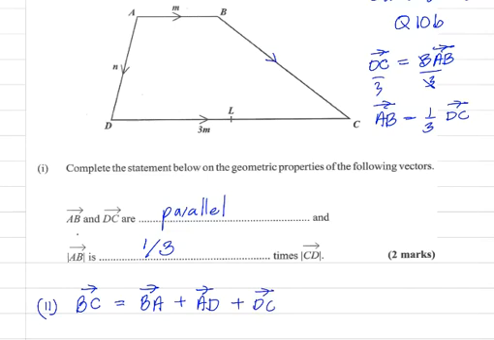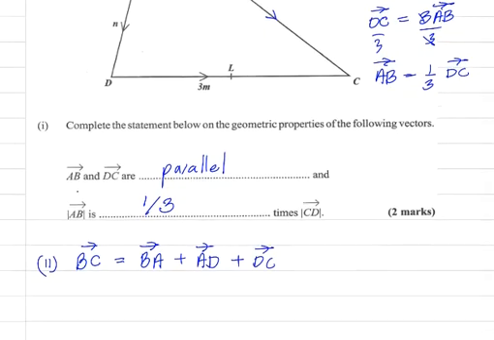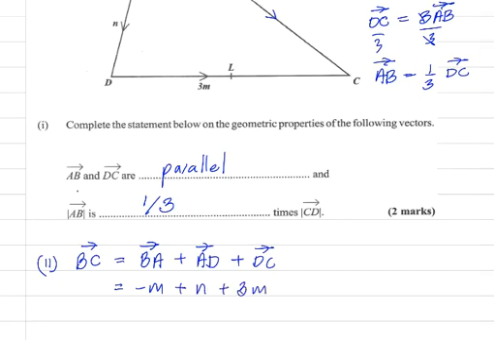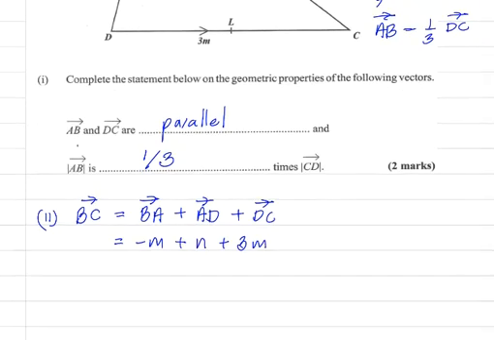The vector AB is M, so the vector BA is minus M. The vector AD is N, and the vector DC is 3M. So minus M plus 3M is 2M. So the vector BC, in terms of M and N, is 2M plus N.